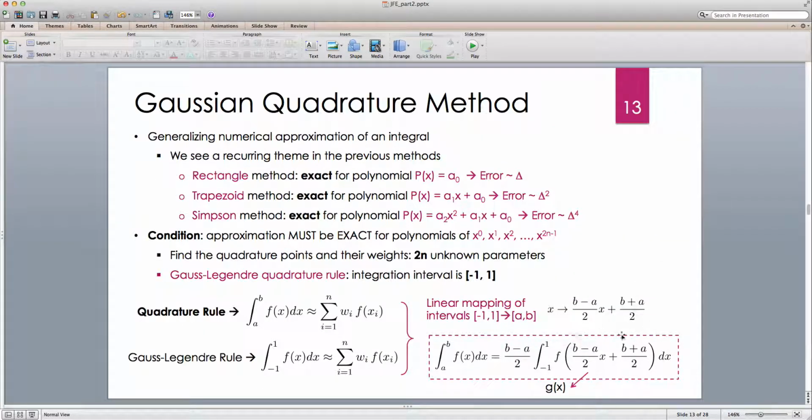All right, it's our g of x. So g of x is the value of f at this point.